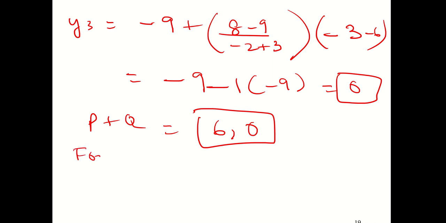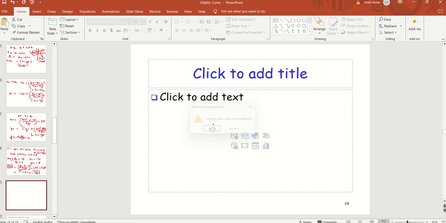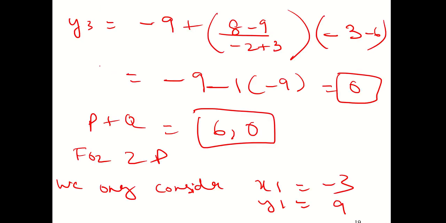For 2P, we only consider x1 equal to minus 3 and y1 equal to 9. Let's put it in place and find out. The expression a is minus 36.